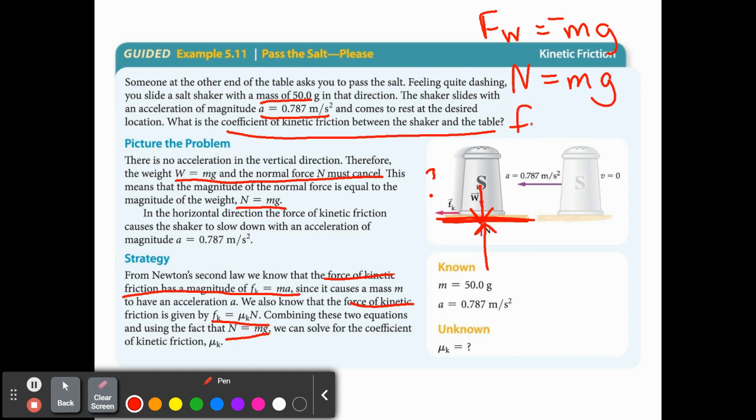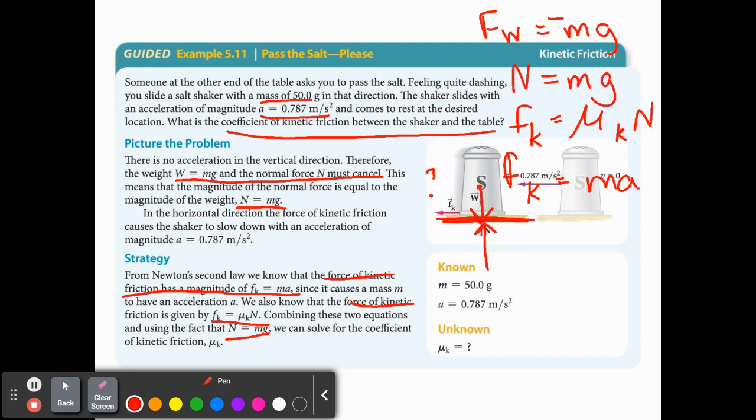My force due to friction is coefficient of friction times the normal force, and it is also mass times acceleration, because any force is just mass times acceleration. Okay, so I'm going to wind up rearranging those and putting them together to solve for what I need.